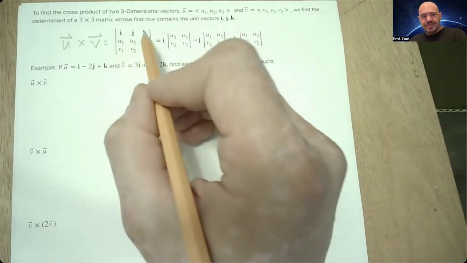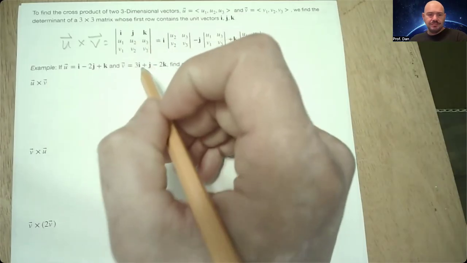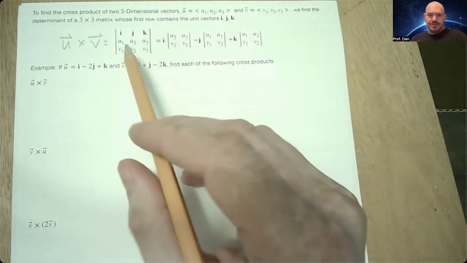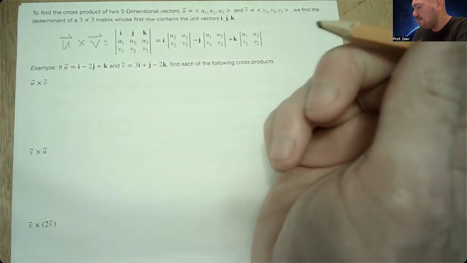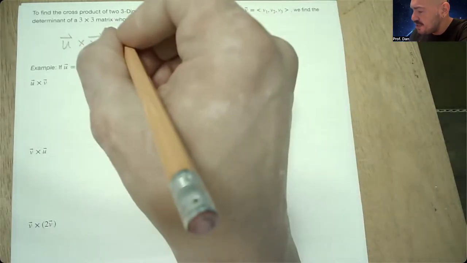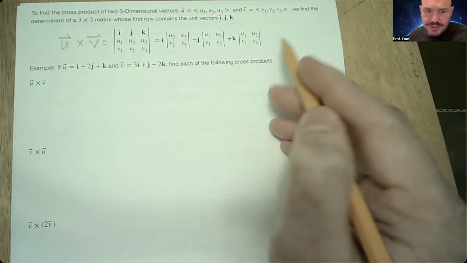The first row is always going to be reserved for our unit vectors I, J, and K. And then, of course, using what we just learned about taking determinants, right? We can rewrite this using these 2 by 2 matrices.